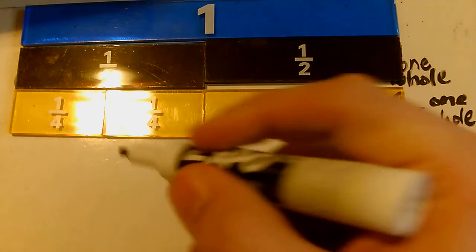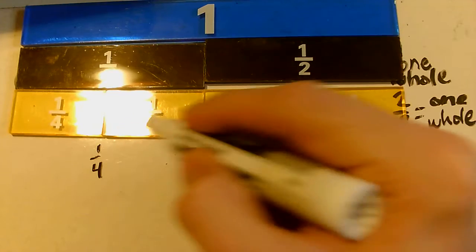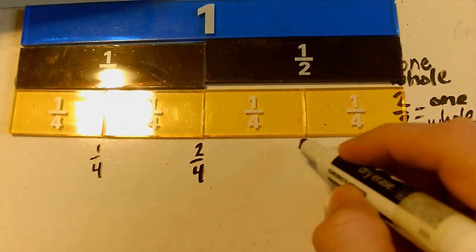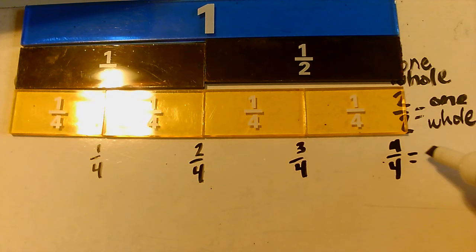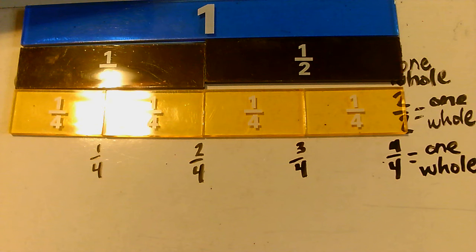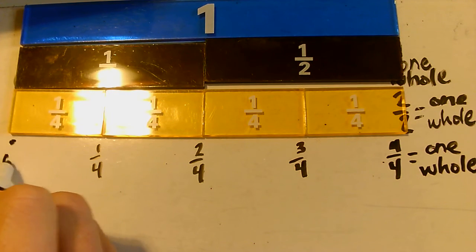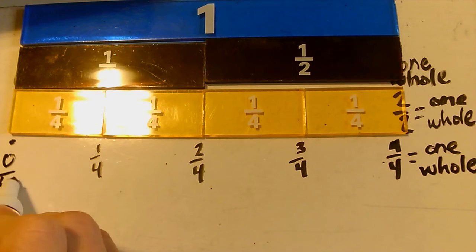So I would maybe write 1/4, 2/4, 3/4, 4/4 equals 1 whole. Because remember, right here at the very beginning of my number line, I have 0/4. I don't have anything yet.